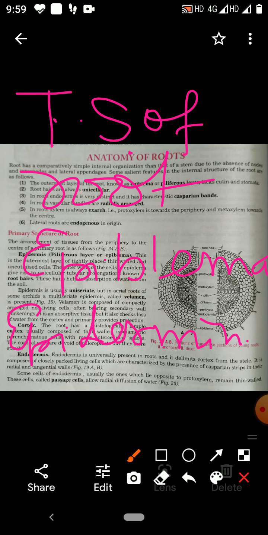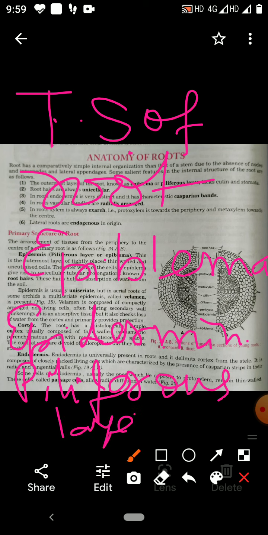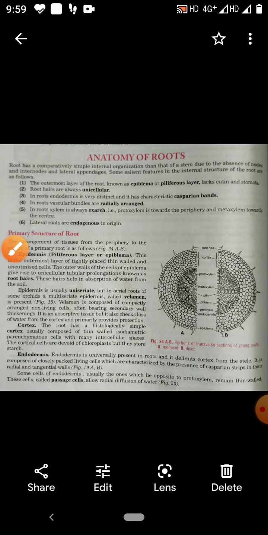It is also called piliferous layer. It is made up of thin-walled cells. Cuticle and stomata are absent. Unicellular root hairs are present.